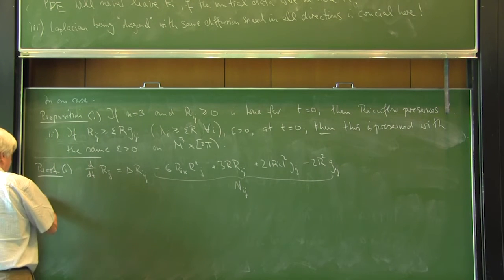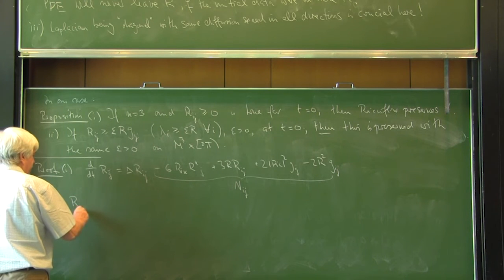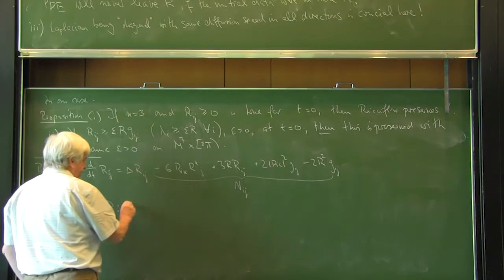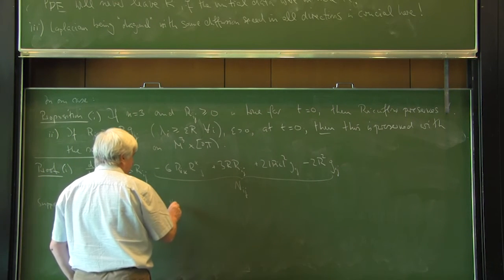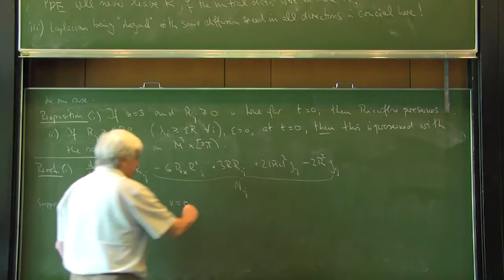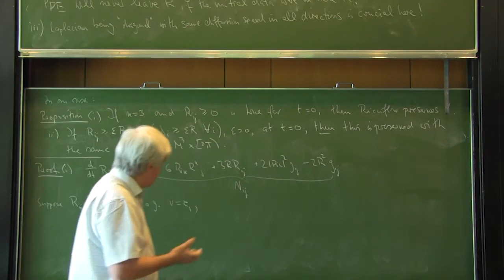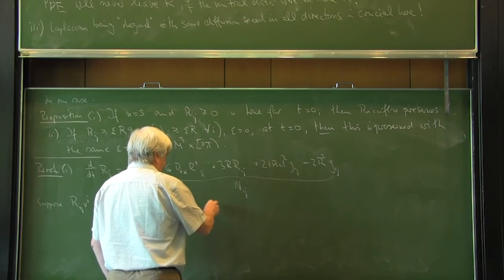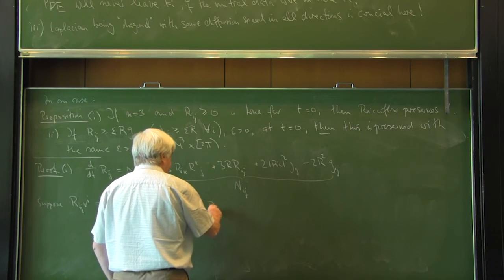So suppose Rij Vi is equal to 0. Now, without loss of generality, we may assume that V is just the first direction. And we can also assume, without loss of generality, that we have rotated the coordinate system so that the other directions make the tensor Rij diagonal.